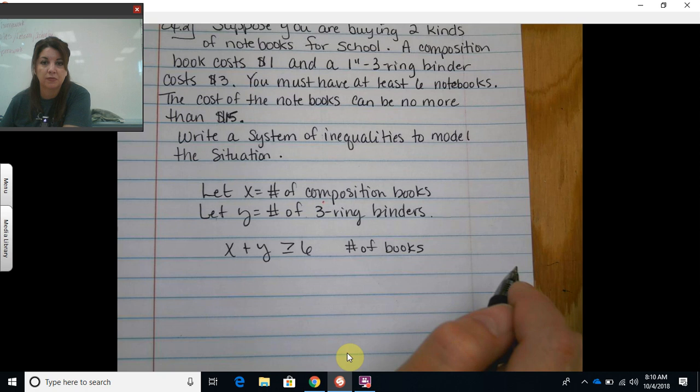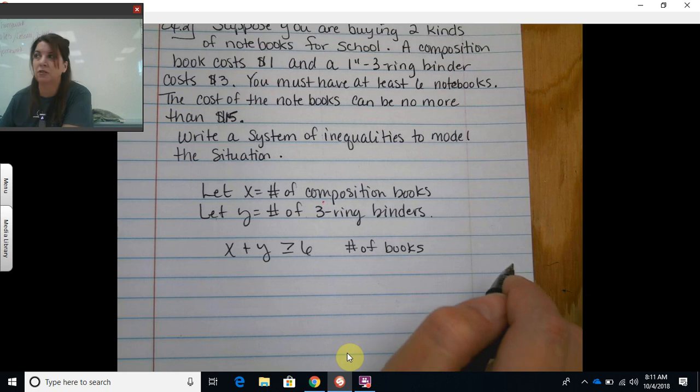Now it also told us we don't have any more than $15 to spend. Can we spend exactly $15? Can we spend $15.02? Can we spend $14.99? Yes. So what inequality would we write based on the cost of the books? X plus y is less than or equal to $15. So close. This one's about cost.